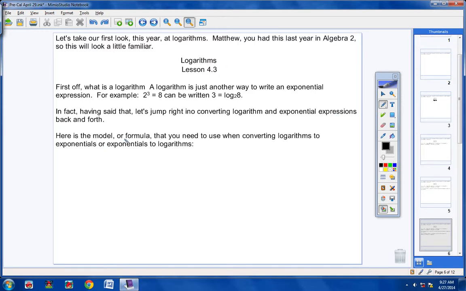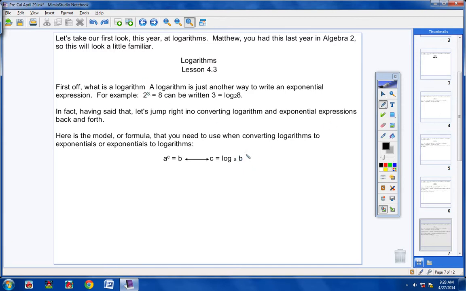Here is the model or formula that you're going to need when you start converting these logarithms to exponentials or exponentials to logarithms. Here is the model. A to the c power equals b is the exact same thing as c equals log with base a of b. And by the way, let's go over a little bit of terms here I think you should write down.